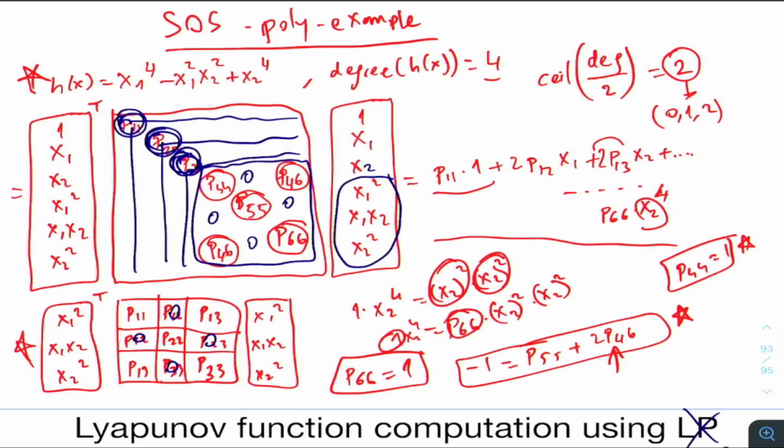Yeah, and this is 1, right? This is 1. Okay, and let me call them P55 and P46, right?